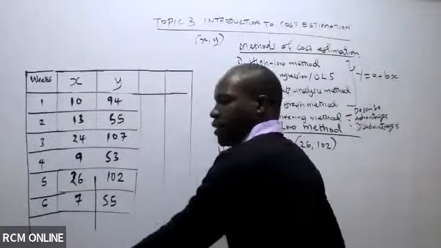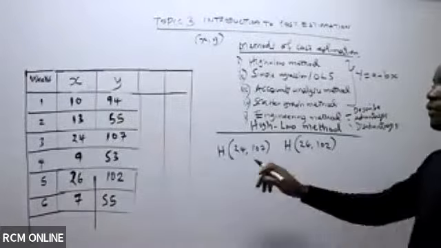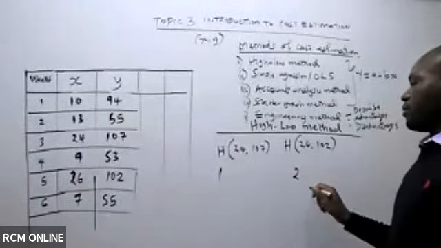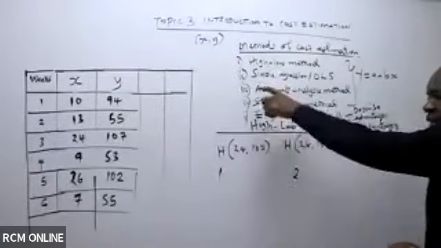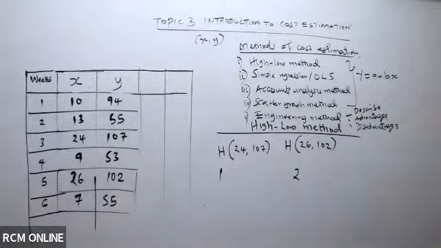So let's see who is right between these two people. Is it the first one or the second one, based on what we have just explained up here? The second person. Why?